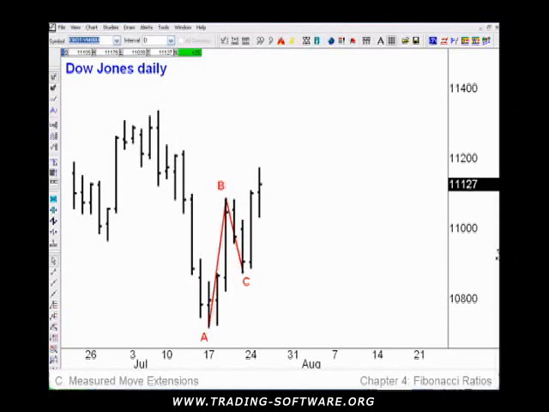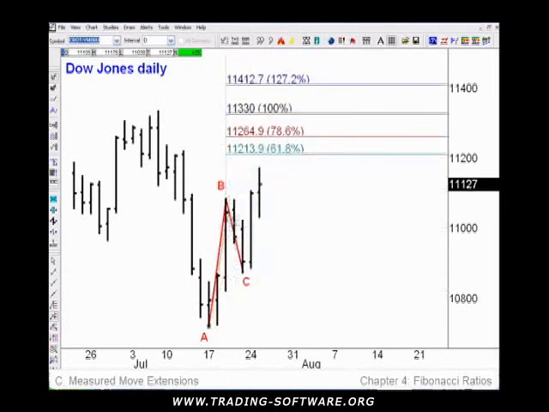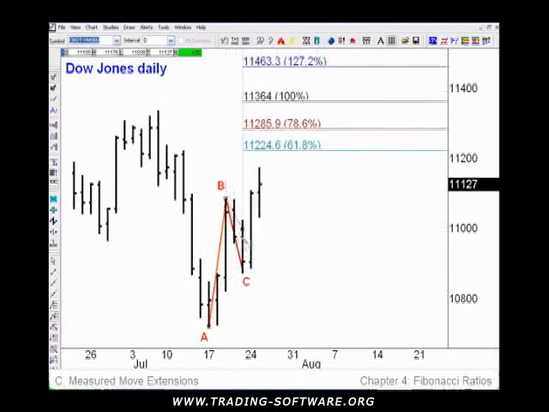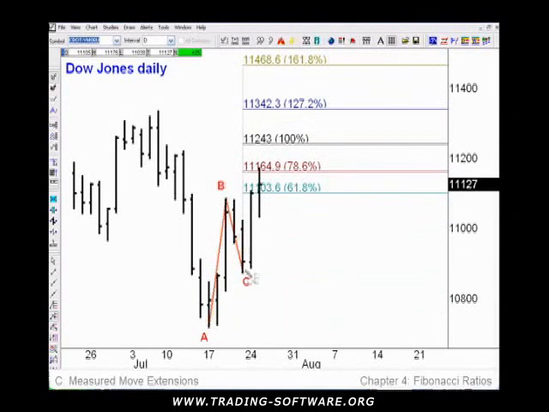Q Charts has an icon right here that says projection. This is where I click to draw in my measured move extensions. So I'm going to click onto that icon. I'm going to click once at A, drag it up to B, drag it down to C, and then click. These are the measured move extensions. 61%, 78%.